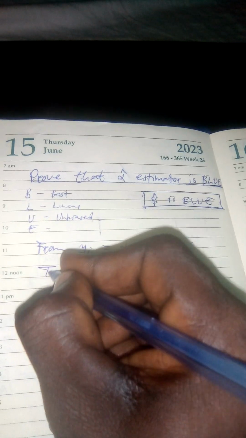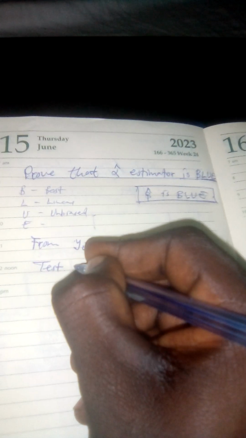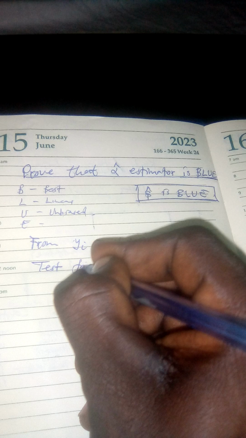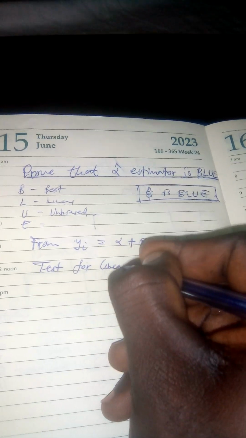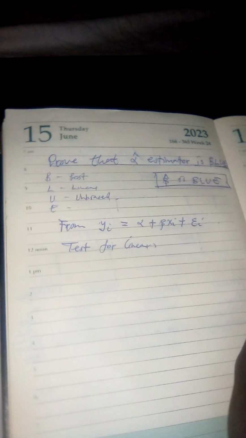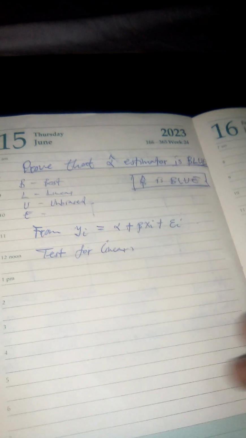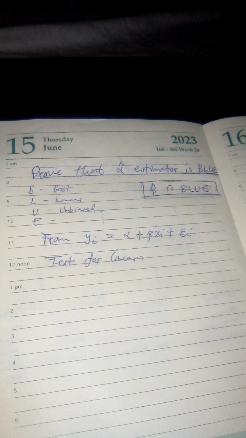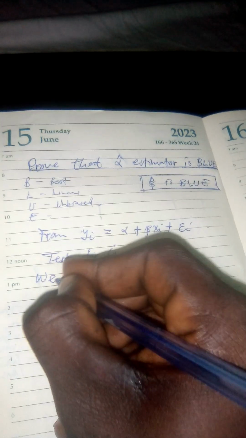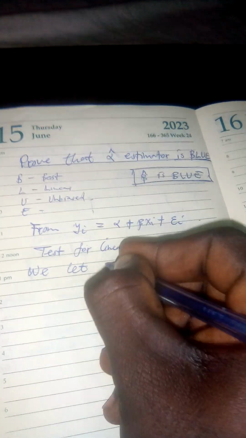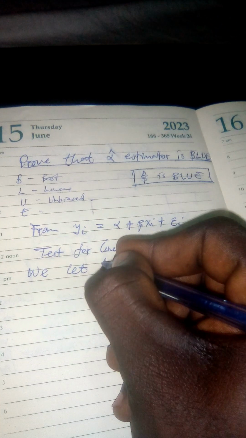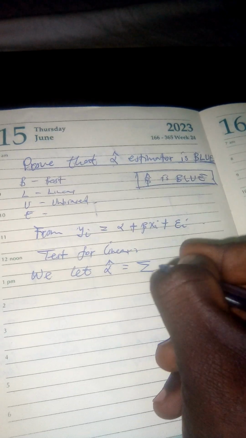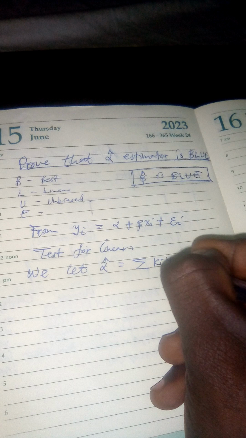We want to test for linearity. Since it should be linear, we first have to express alpha hat as the summation of ki yi.